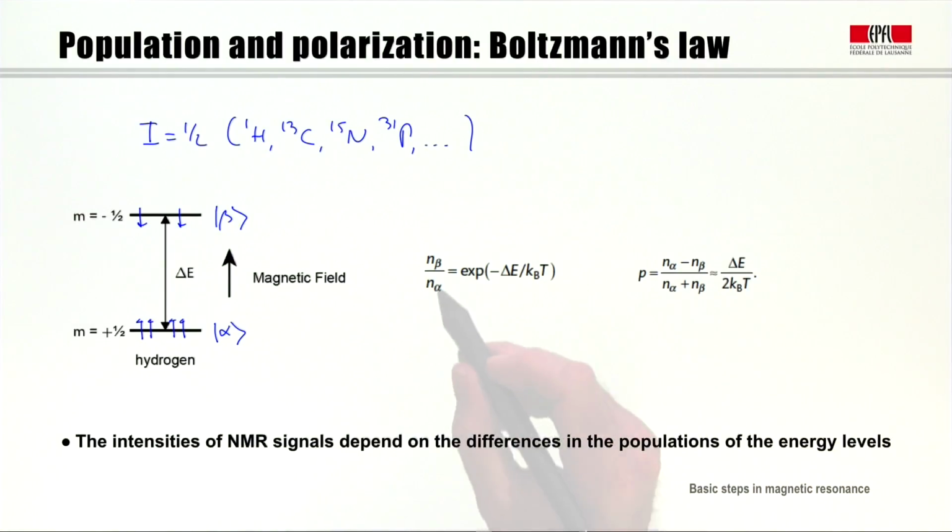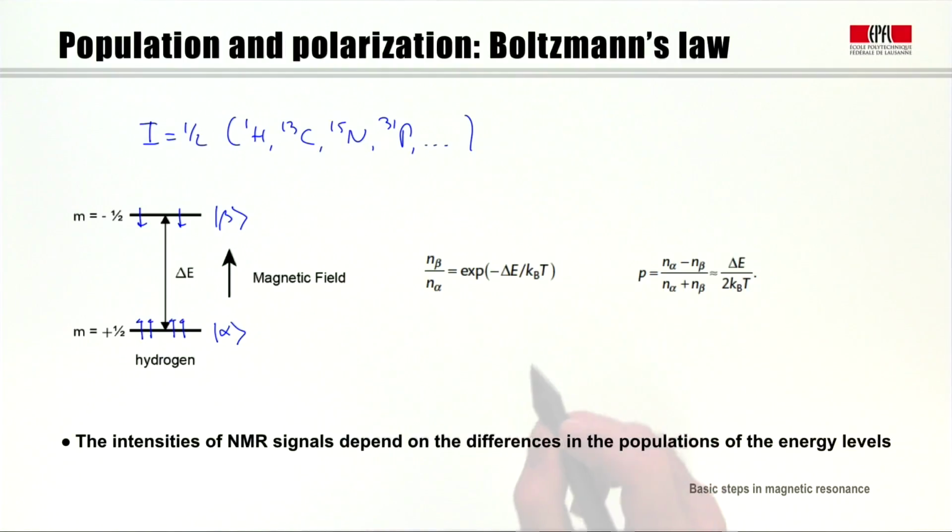Now it turns out that the ratio of the populations between the beta and alpha states is determined by Boltzmann's law. So this is an exponential function. Delta E is the difference in energy, Kb is Boltzmann's constant, and T is the temperature, more specifically the temperature of the spins, which can be distinct from the temperature of the sample.